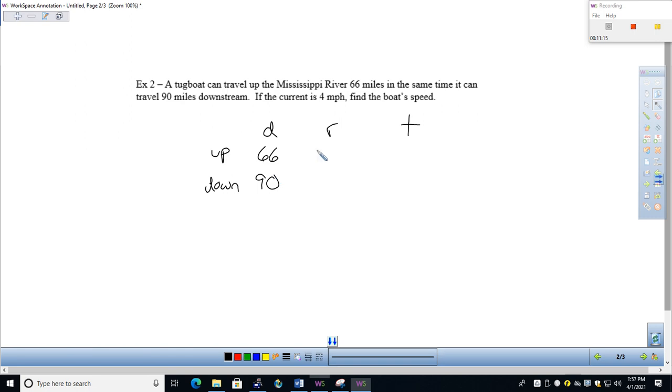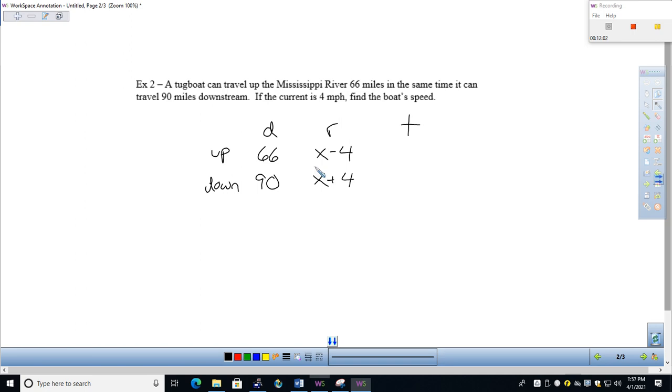And if we're going up, we're being hindered by the current at 4 miles per hour. So we would write the rate going up as the still water speed minus the current speed. Whereas if we're going downstream, we're getting the benefit of the current's rate, and so we would add that on to the still water speed. So that's where this current of 4 miles per hour comes into play, either going against the current or with the current.